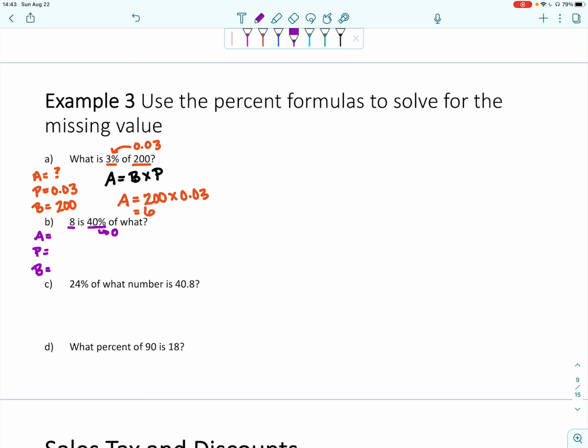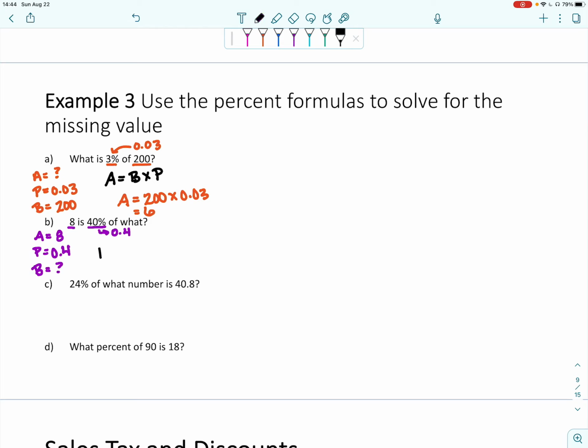I'm going to rewrite 40% as a decimal, and that's going to be P. That's the easy one to identify. So 8 is 40% of what larger number? 8 is the amount of what larger number? So 8 is A, and we're looking for B.